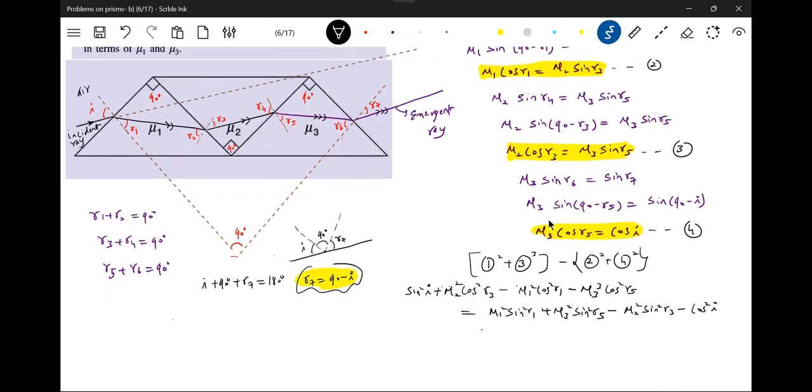The angles, if you see this one, mu1 square, mu1 square.